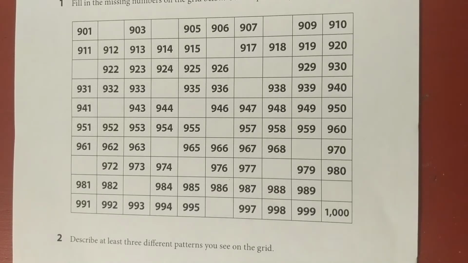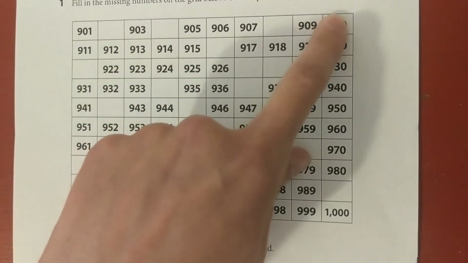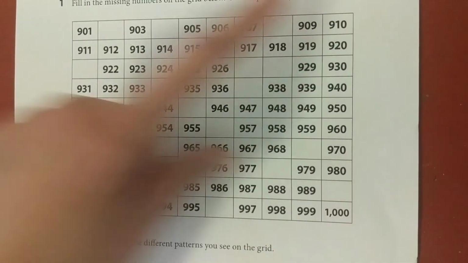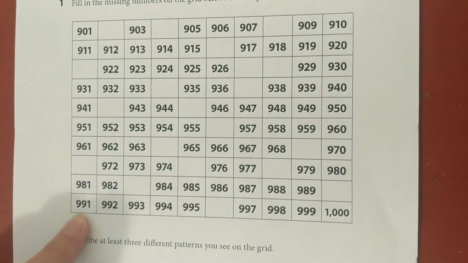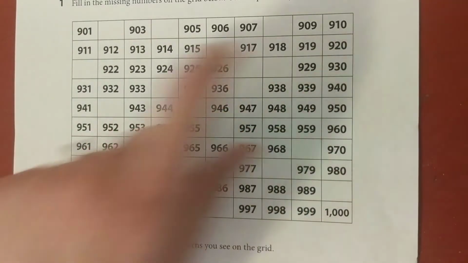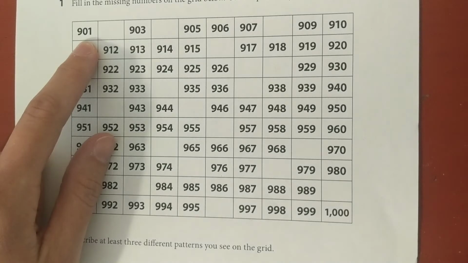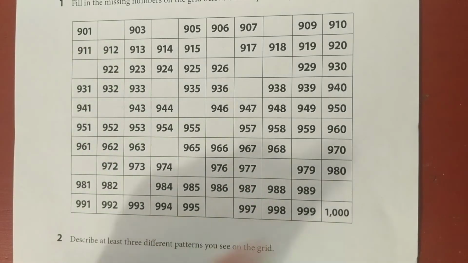This is just like a 100 chart. There's 10 numbers across in the row and 10 numbers going down the column. But instead of starting at 1 and counting on, they started at 901 and counted all the way up to 1,000.